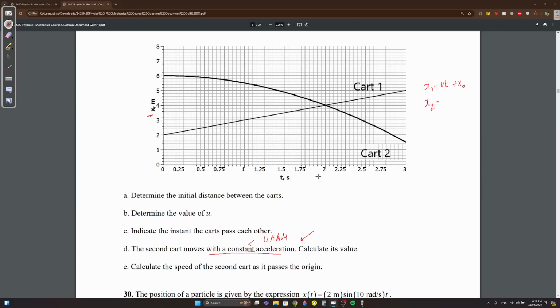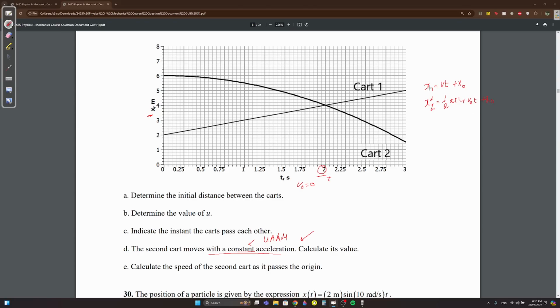We have the time, 2 seconds, when the carts meet, and v initial is equal to 0. We want a. We know that x equals half a t squared plus v naught t plus x naught.